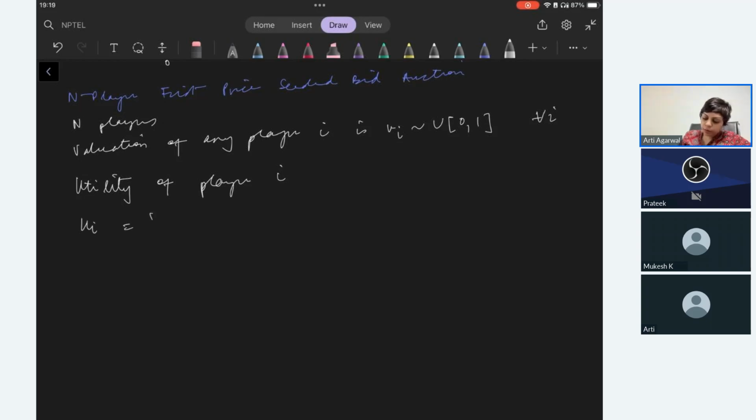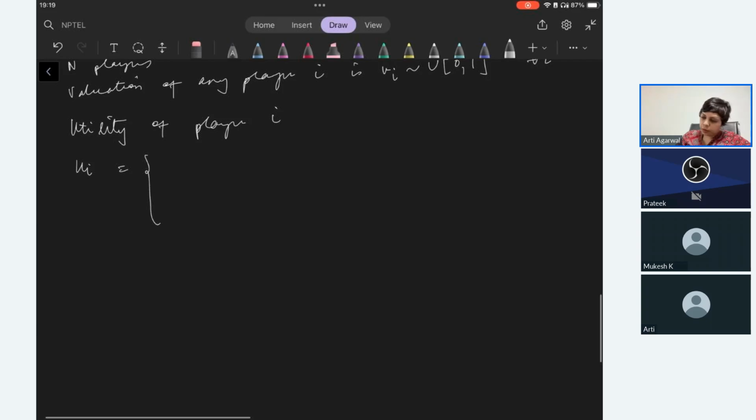We're still on the first price sealed bid auction, so this is going to be vi minus bi, if bi is greater than vj for all j not equal to i. Yeah, I made a mistake in my notes, but anyway.